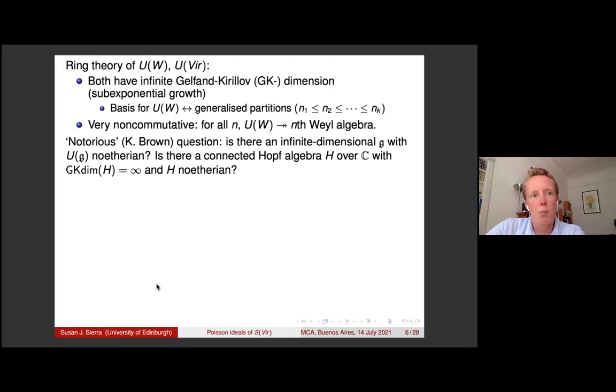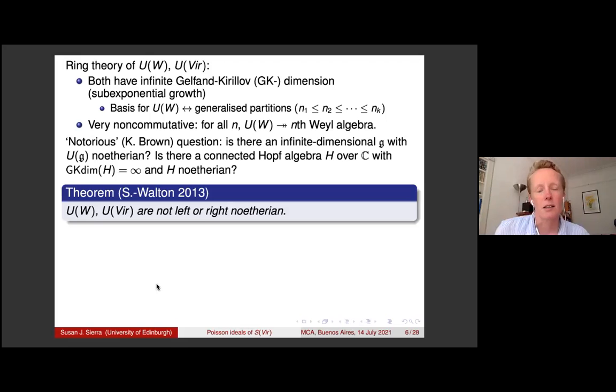So the Witt algebra is the first Lie algebra for which this question was answered where the answer wasn't easy. This is a theorem of myself and Chelsea Walton, who I'm glad to see is here. We proved in 2013 that neither of these enveloping algebras is left or right Noetherian. And I've got my MSRI mug from the semester at MSRI where we proved this theorem.